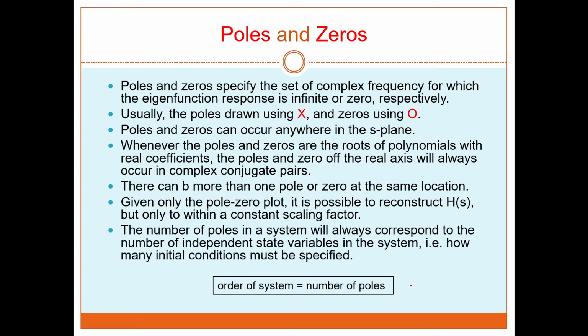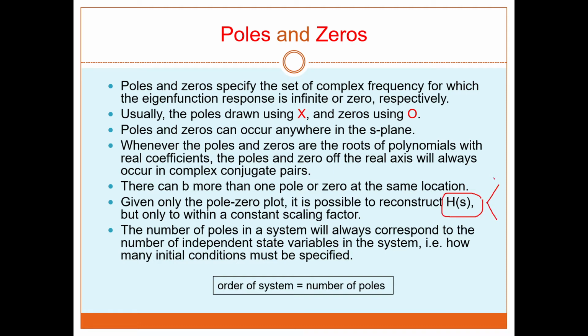Okay, so there can be more than one pole or zero at the same location, especially in higher order systems. That means we have more than one value of the poles and zeros. So we can reconstruct H(s). That means we can find H(s) if we are given the poles and zeros.